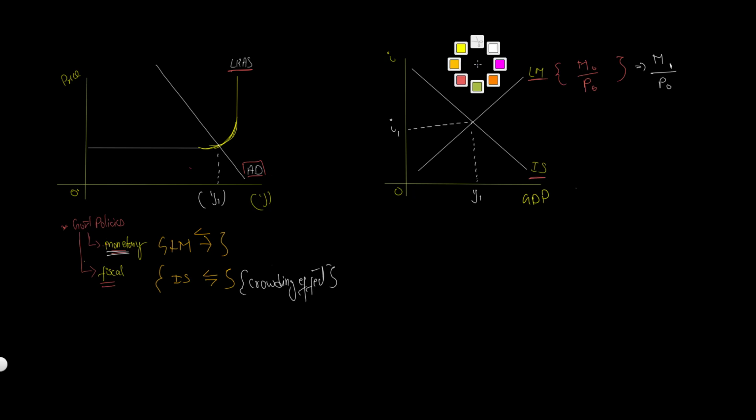When that happens, we know from our basic understanding that the LM curve would shift towards the right. Let's call this point M2, and let's call this LM1.